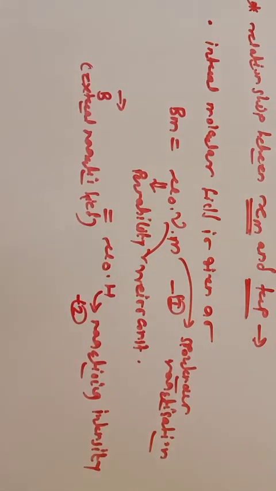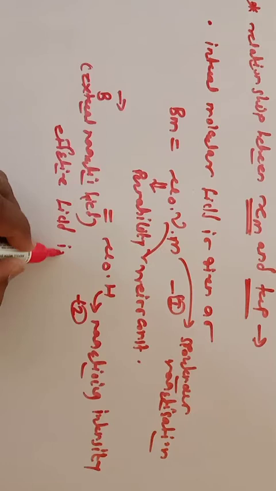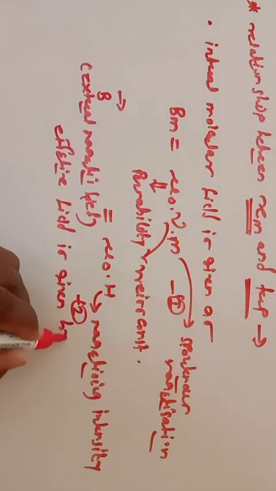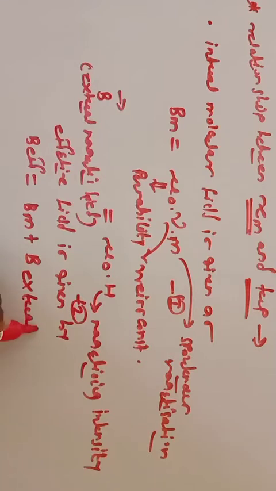The effective field is given by B effective, which is equal to Bm, that is, the internal molecular field due to the exchange interaction, plus B external, the external magnetic field applied.